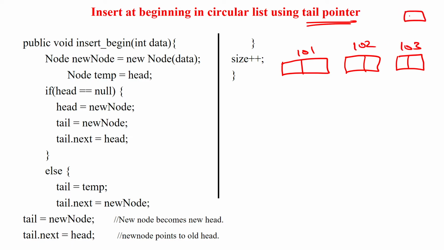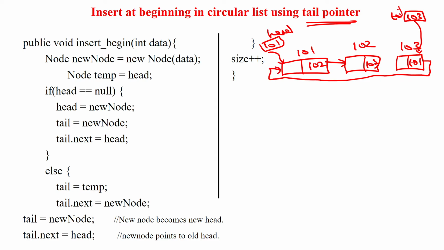If my tail is 103 and head is 101, I will use tail to access the list. So here it will represent 102, 102 represents 103, and 103 represents 101. So I will use the tail pointer to access the list.